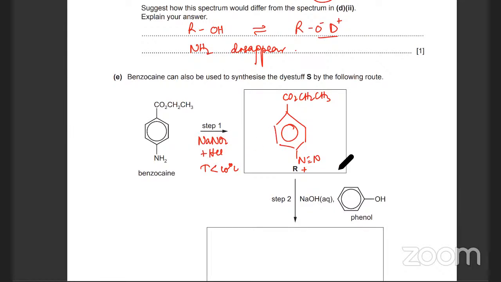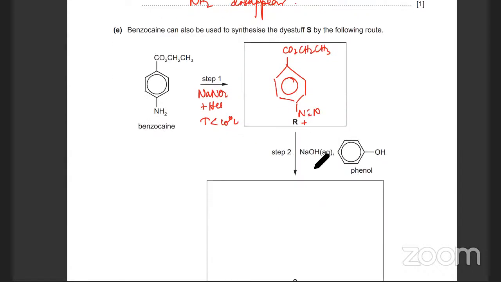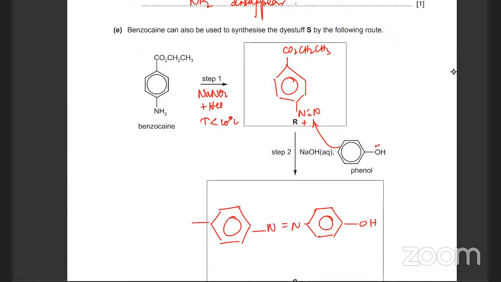And that NH2 gets converted to N triple bond N plus 1. And then the N triple bond N plus 1 is very interested in the electrons in this activated benzene. Remember, you need an activated benzene. So what happens is this phenol and the N triple bond N goes and bonds with the benzene, and you got a CO2 and a CH2CH3 over here.